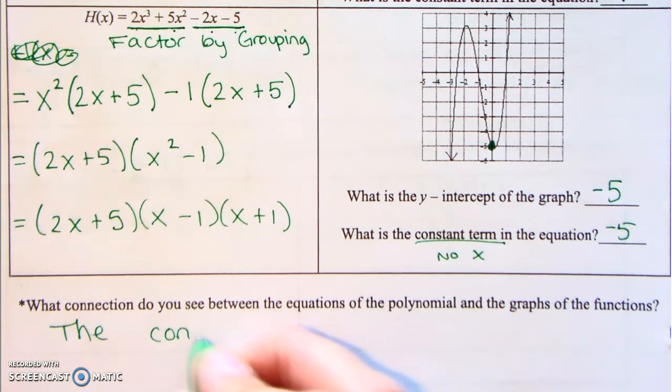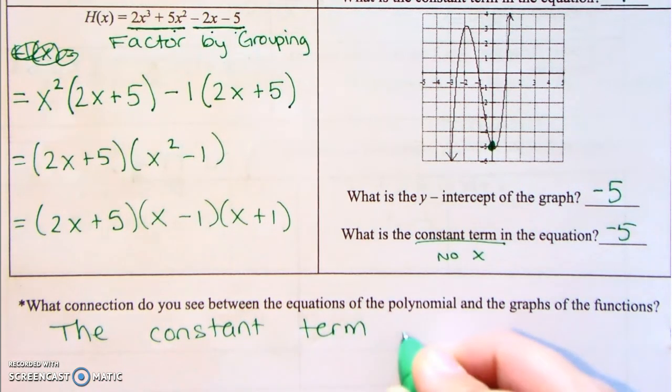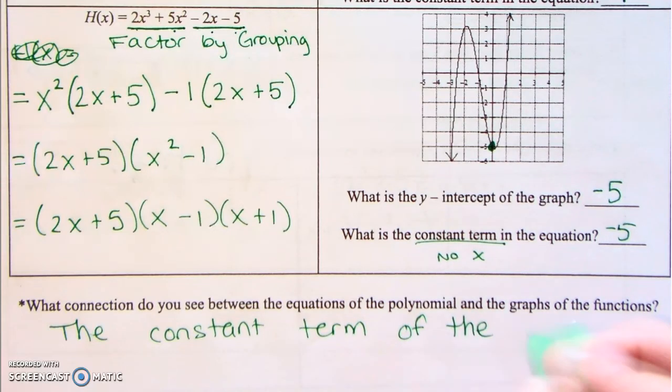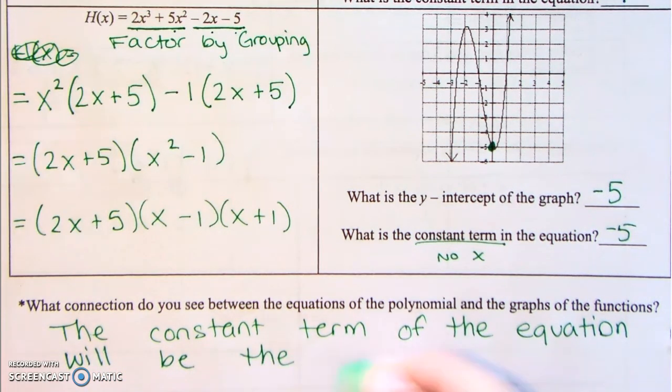The constant term of the equation will be the y-intercept on the graph.